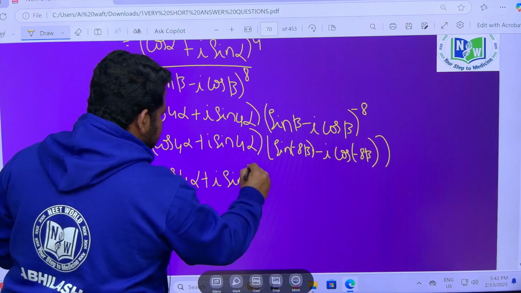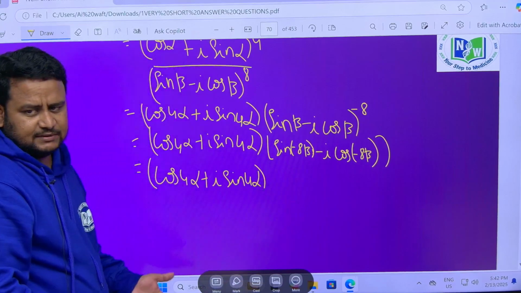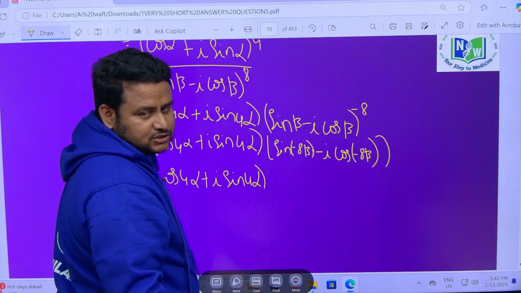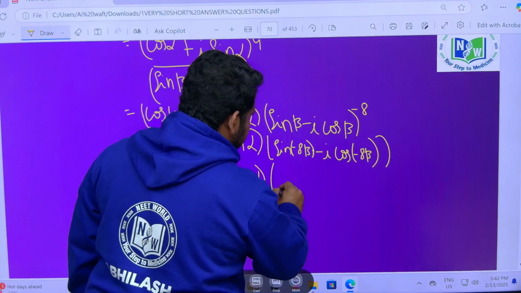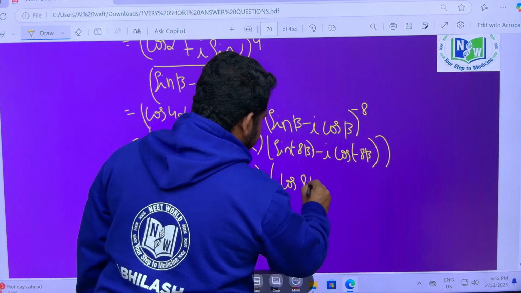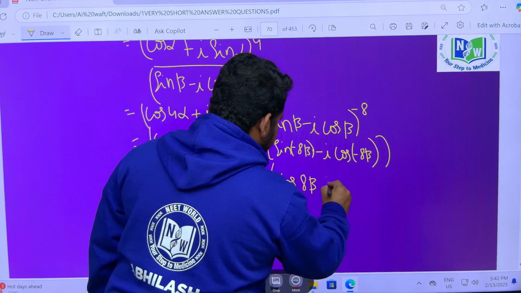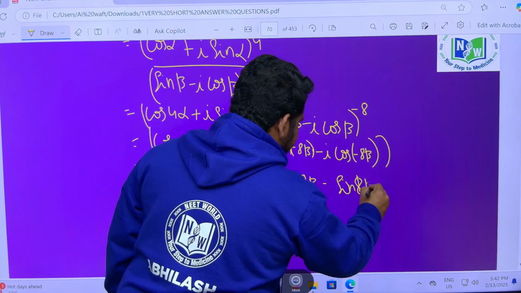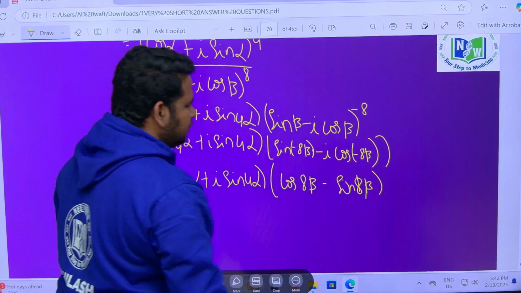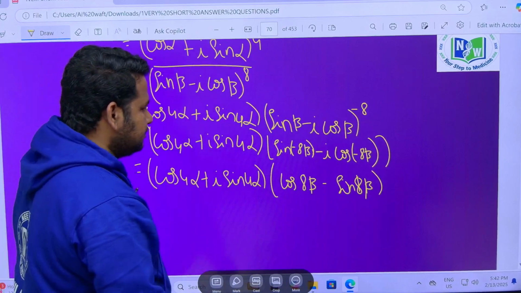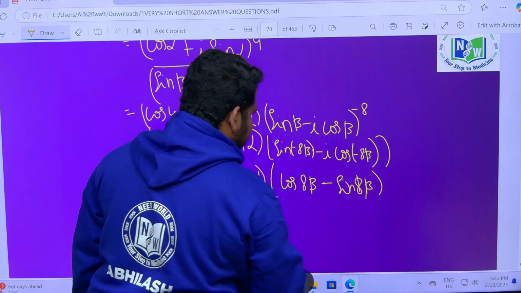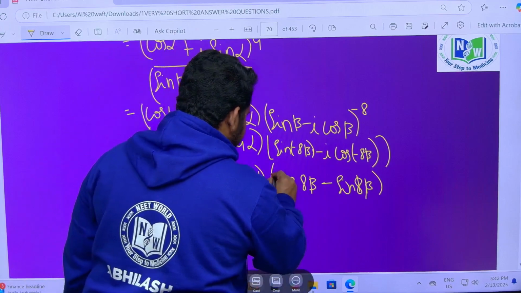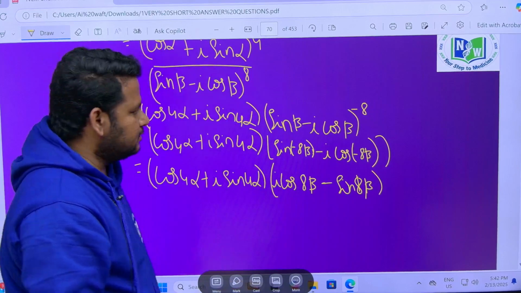Sin of negative is minus sin, so this becomes minus sin 8 beta, and cos of negative is positive cos, so this becomes cos 8 beta. So cos 8 beta minus sin 8 beta.